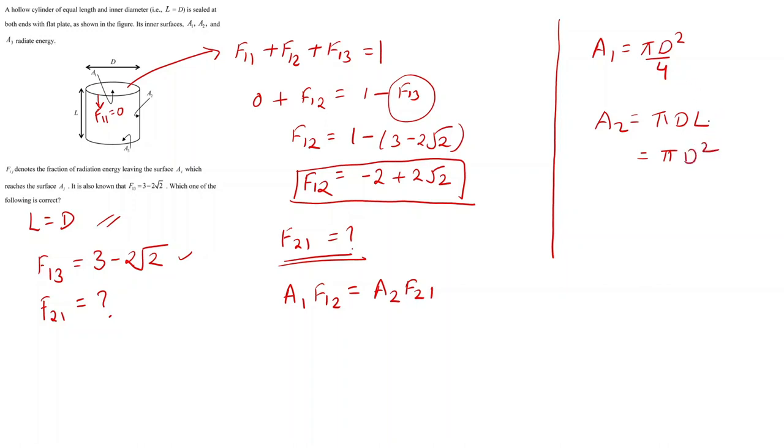So we will just replace the values of these two areas in this equation, and we can get this pi d square will get cancelled.